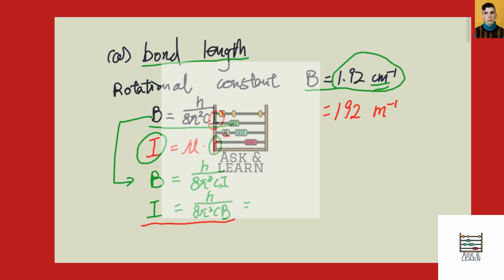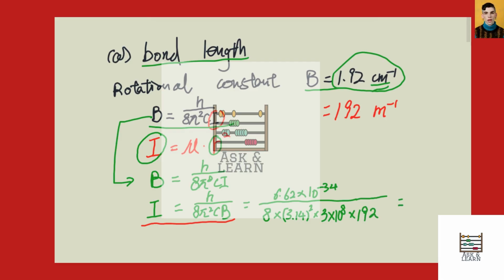So the Planck constant here equals 6.62 times 10 to the minus 34, over 8 times 3.14 square, times the speed of light, which is 3 times 10 to the 8, and the rotational constant here, we need to use 192.